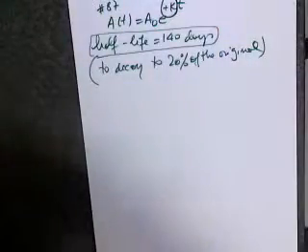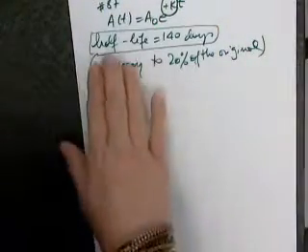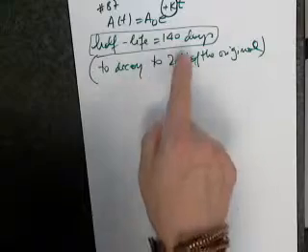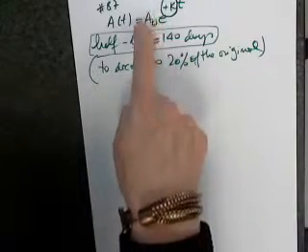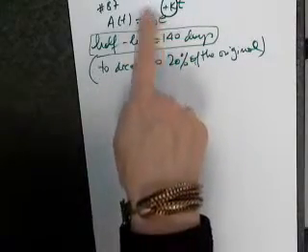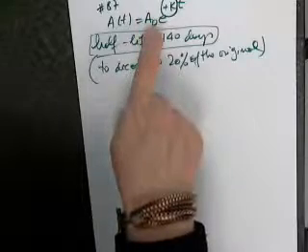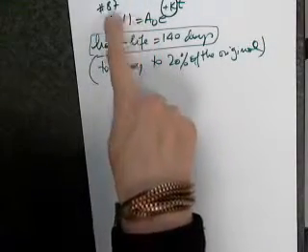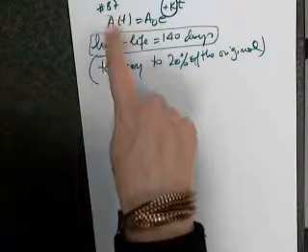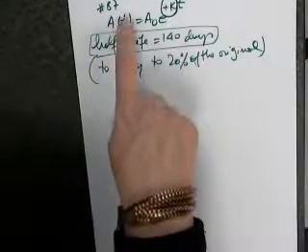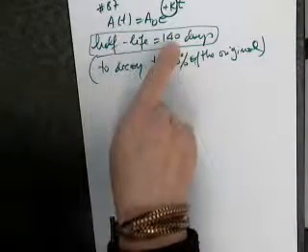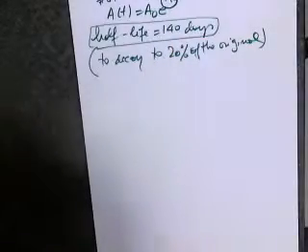So when t is 0, A is the initial, no doubt about it. So half-life, I know that in 140 days, the initial amount that I have of polonium-210 will become half of it. So this becomes half of A0 in 140 days. How do I write that?